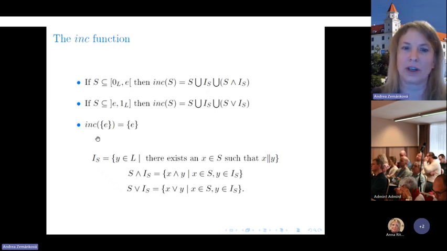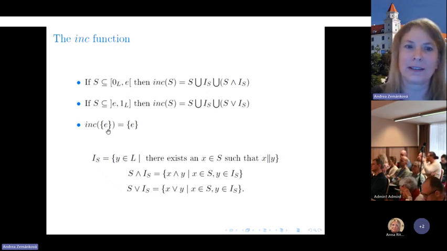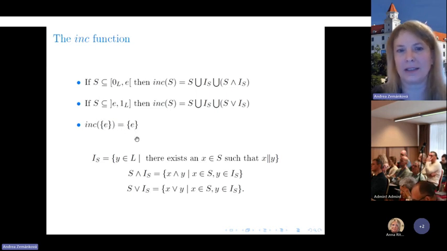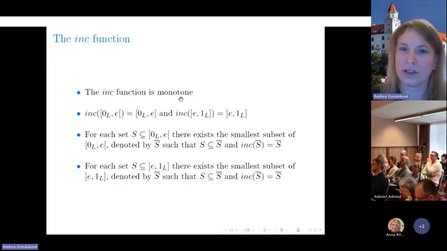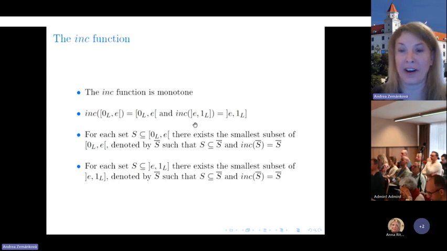And of course, since the neutral element is comparable with all other points, then inc of the singleton {e} will again be the set which contains exactly one point, e. Some properties of this function: it is monotone, and the half-open lower and upper intervals are invariant.